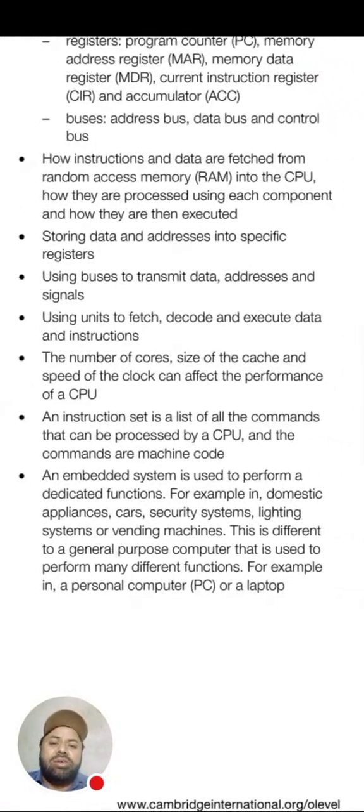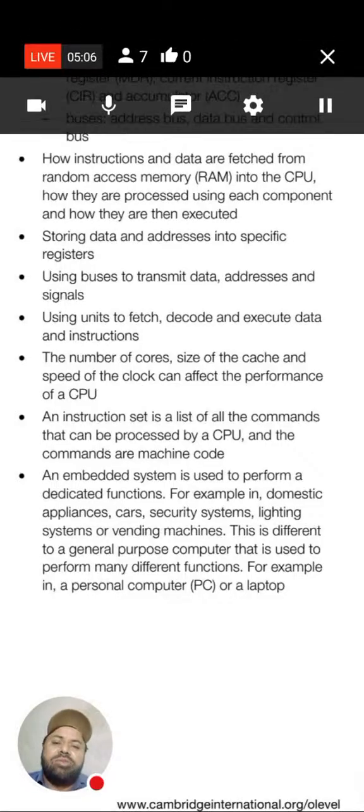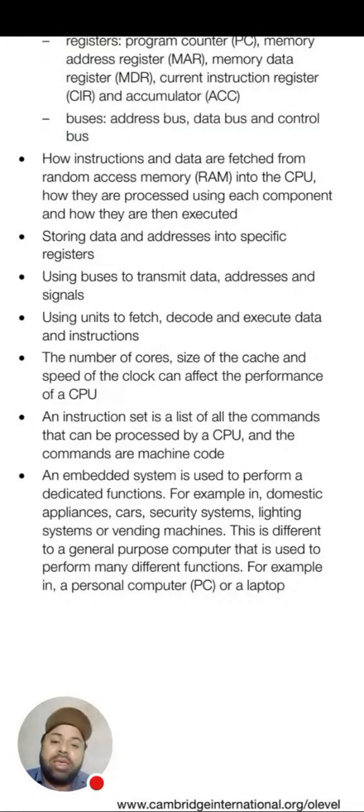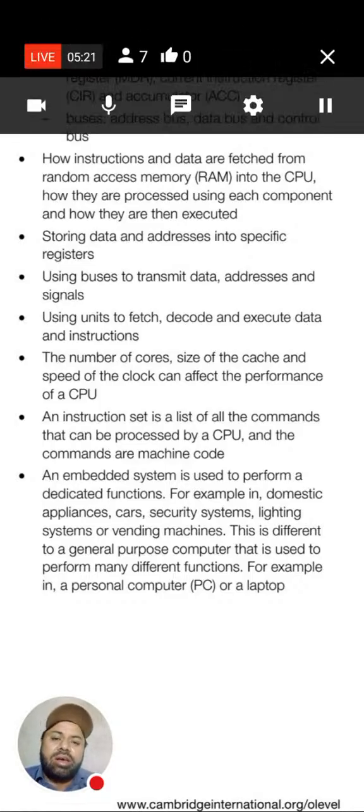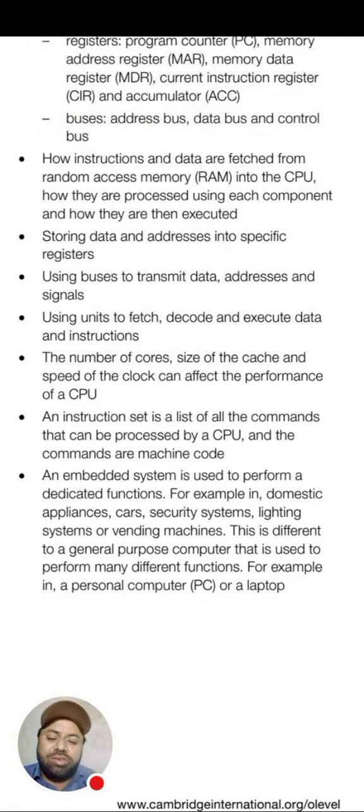Now in the notes: how instructions and data are fetched from random access memory into the CPU. As I already told you, the CPU always fetches data from RAM. For example, if some data is on the hard disk, it is first shifted into RAM, random access memory, which is called main memory, or volatile memory.